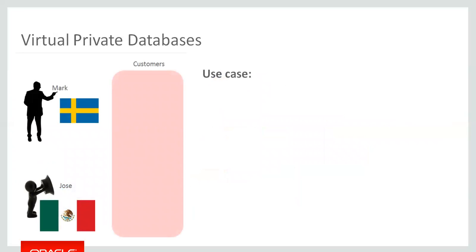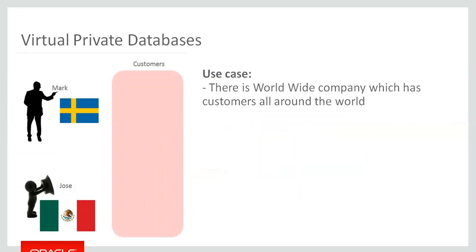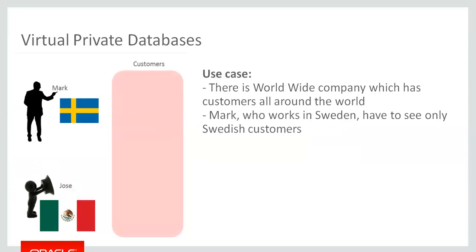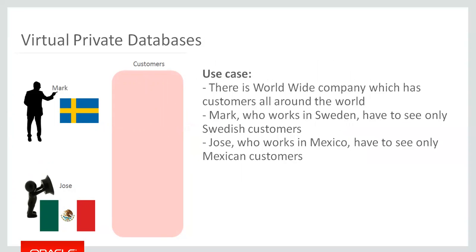Let me give you an example. Let's imagine we have a worldwide company which has customers all around the world. We have Mark, who works in Sweden, and he has to see only Swedish customers. At the same time, we have Jose, who works in Mexico and has to see only Mexican customers.